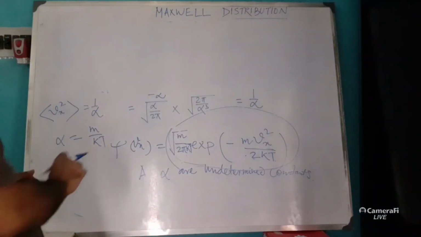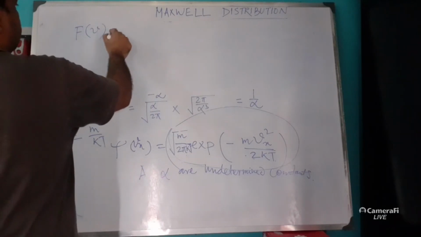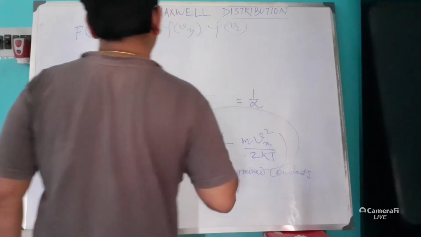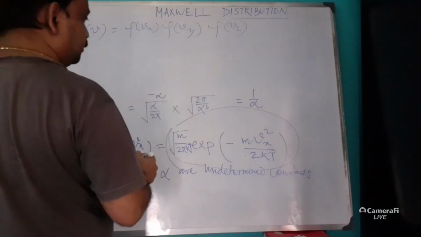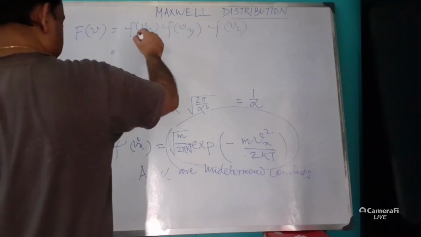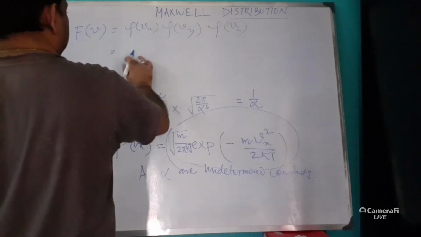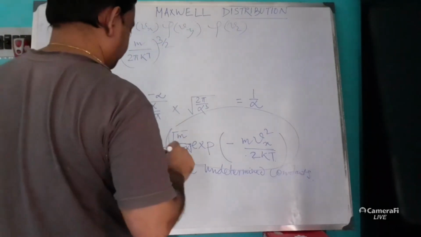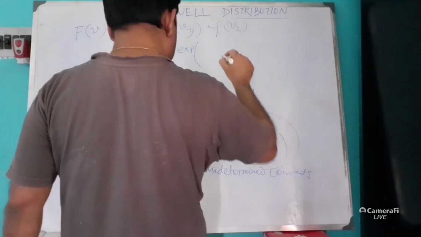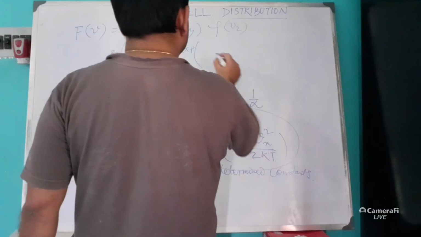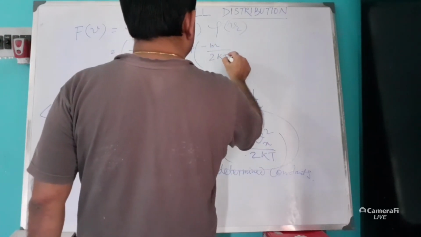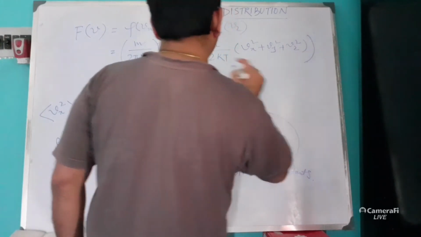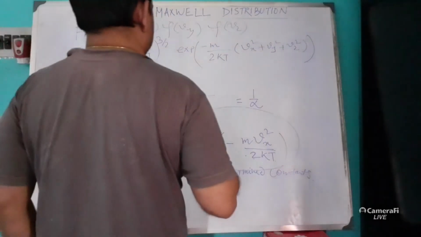If F(v) is equal to phi(Vx), phi(Vy) and phi(Vz), we can put these values over here and write (m by 2 pi kT) whole to the power 3 by 2 times exp, taking common minus m by 2kT, Vx² plus Vy² plus Vz².